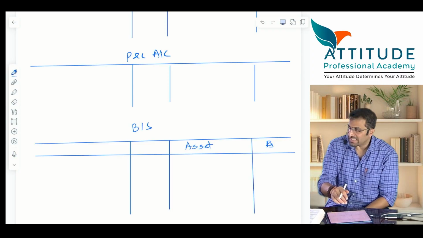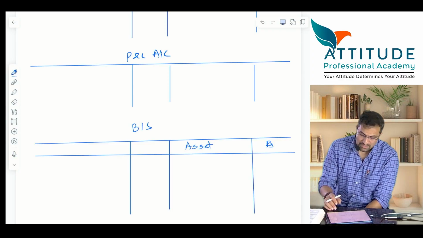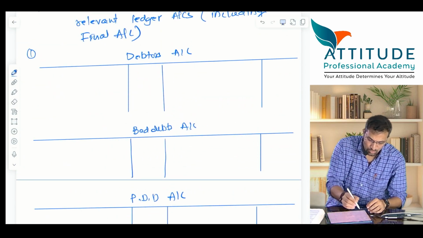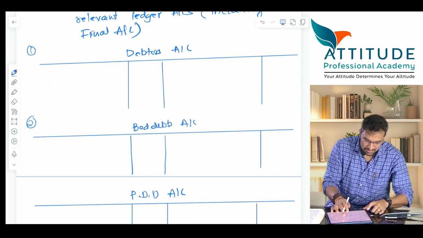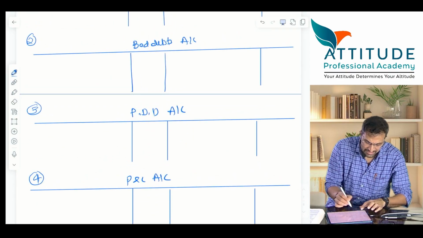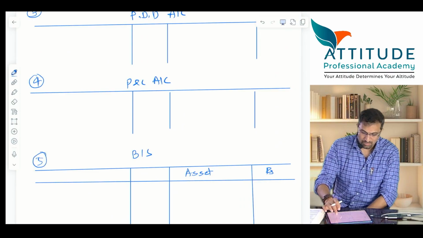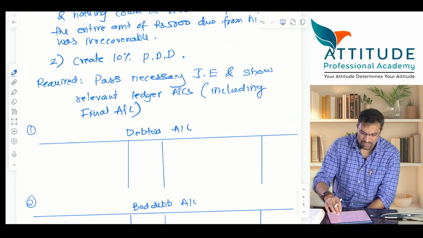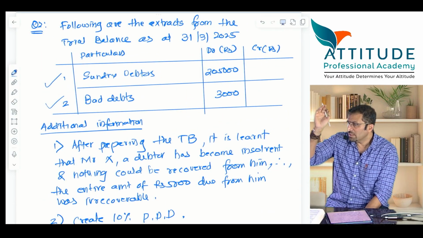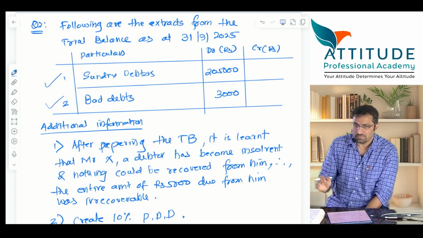Okay. Journal entries, I'll put it below this. Actually, first journal entries should come. Now, how many things have you opened? Tell me. 1, debtors. 2, bad debts. 3, PDD. 4, P&L. 5, balance sheet. All of you are ready? Now have a look at it. Come here. One by one I'll tell you. Do it the way I am explaining to you.